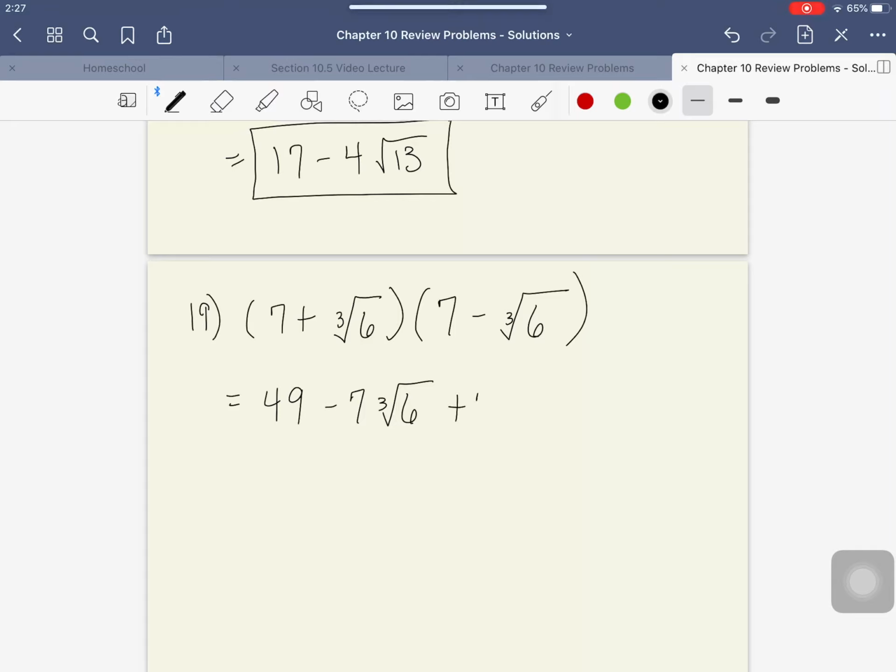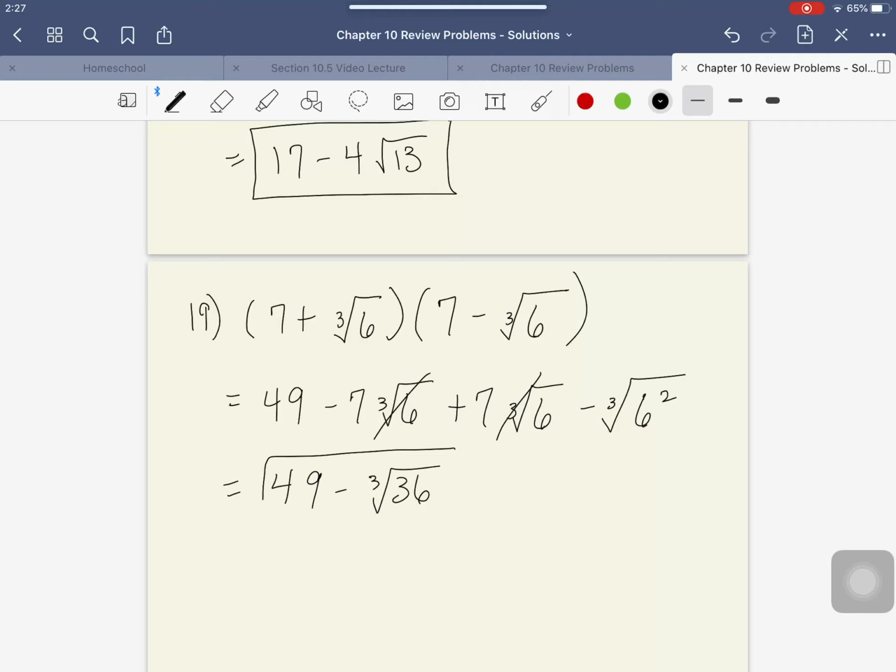Inner, plus 7 cube root of 6. And last, minus cube root of 6 squared, which you could write as 36. So those terms cancel. So that's 49 minus the cube root of 36.